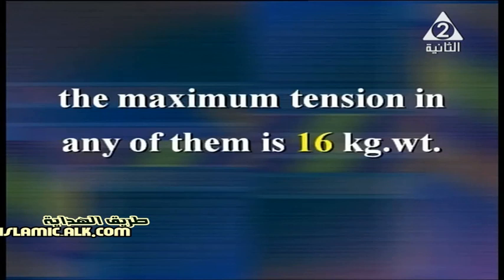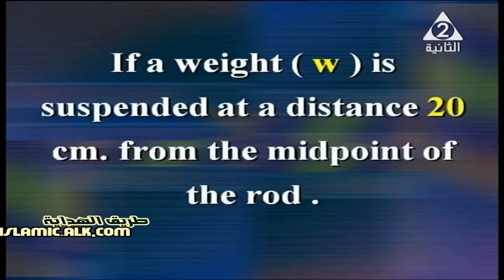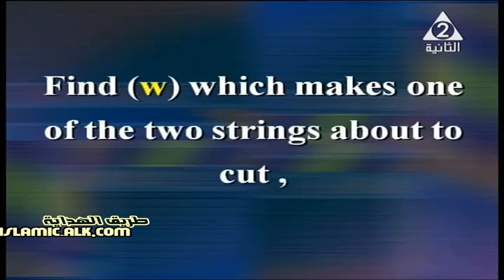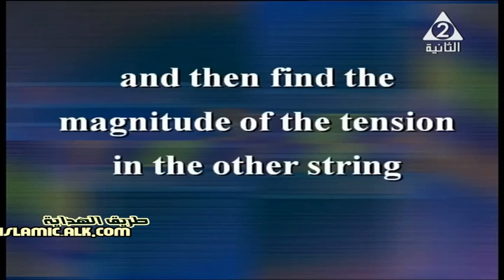The maximum tension in any of them is 16 kilogram weight. If weight W is suspended at a distance 20 centimeter from the midpoint of the rod, find W which makes one of the 2 strings about to cut, and then find the magnitude of the tension in the other string.